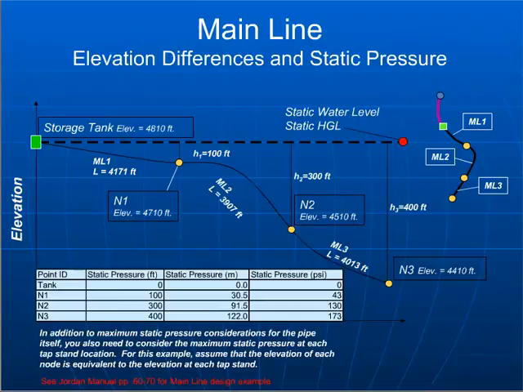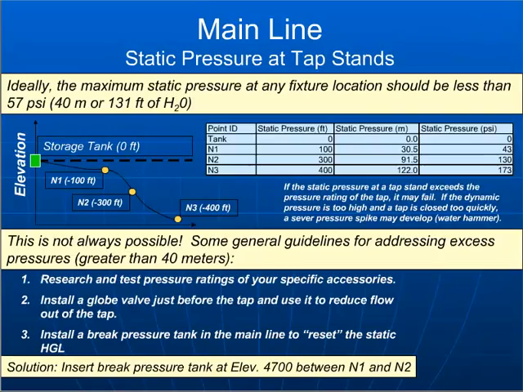Of course, if we're dealing with the main line, we're still always going to be concerned about the maximum static pressure in the pipeline. That problem doesn't go away. But one main difference for the main line of the water distribution system is you need to make sure that you've also made provisions for the maximum static pressure at each of the tap stand locations.